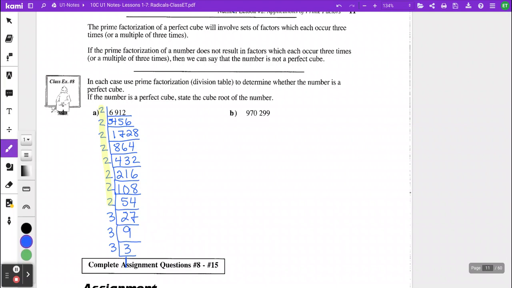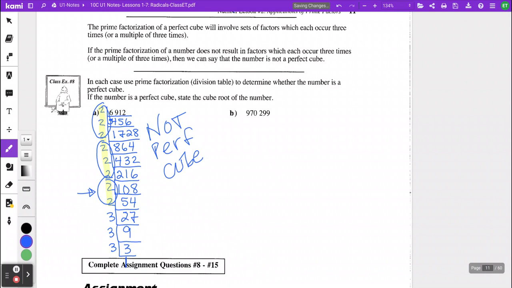Is there enough 2s? No, because I have 3 right here, 3 right here, and this one is missing a 2. I would need 1 more 2 for it to be a perfect cube. So that one is not a perfect cube.